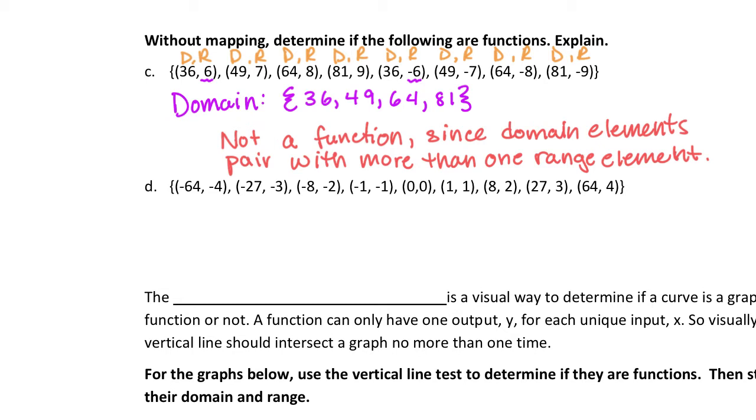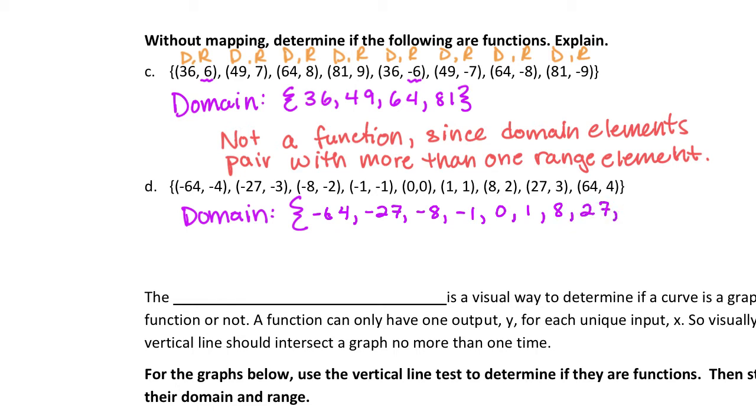Why don't you try the next one on your own and tell me whether you think it's going to be a function or not. Let's write out our domain. We'll start with negative 64, negative 27, negative 8, negative 1, 0, 1, 8, 27.